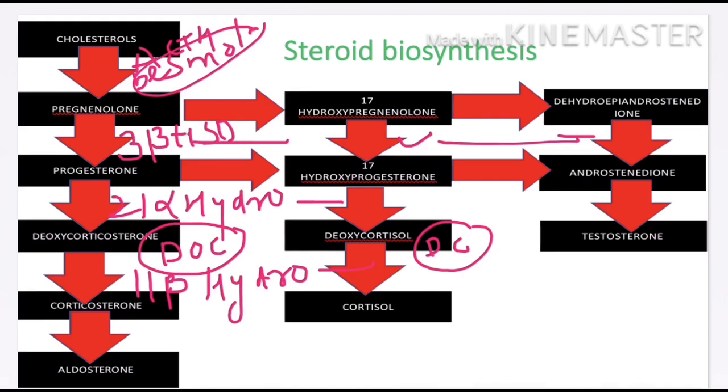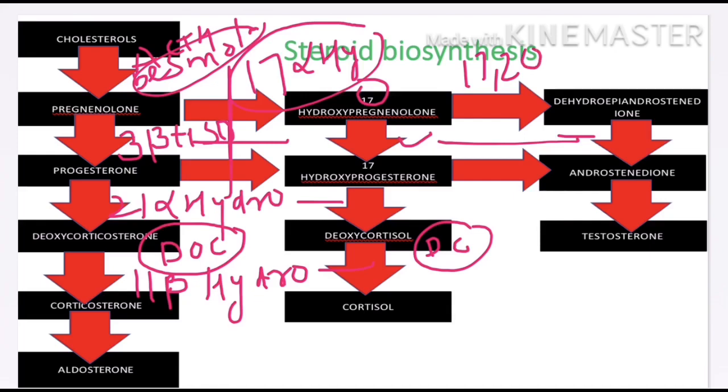One more enzyme we have is 17 alpha hydroxylase, where 17 hydroxylation occurs. So pregnenolone is converted into 17 hydroxypregnenolone in the presence of 17 alpha hydroxylase enzyme. And this step between progesterone and 17 hydroxyprogesterone requires 17,20 lyase enzyme.